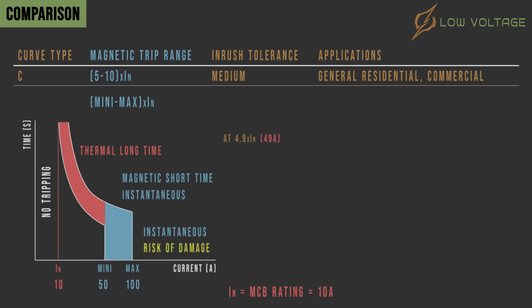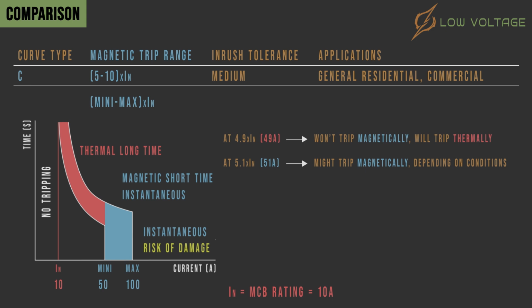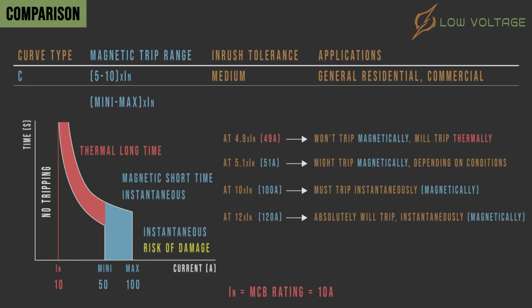At 4.9 times IN, the breaker won't trip magnetically, it will trip thermally if the conditions were right. At 5.1 times IN, the breaker might trip magnetically depending on the conditions. At 10 times IN, the breaker must trip instantaneously. And at 12 times IN, the breaker will absolutely trip instantaneously.